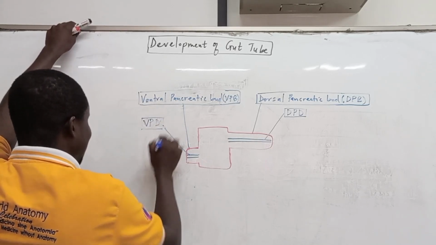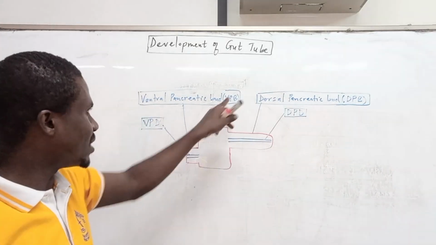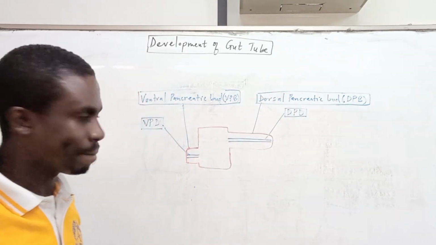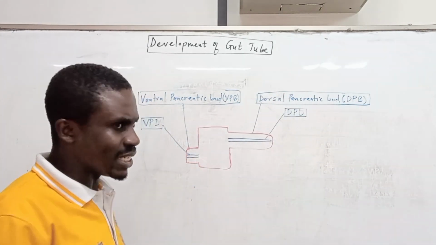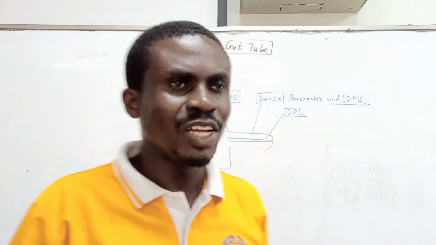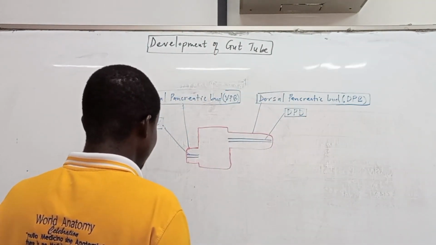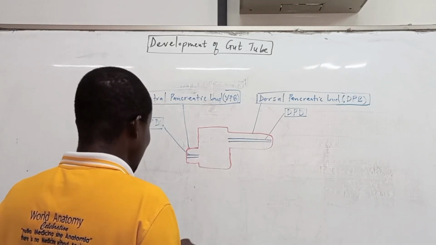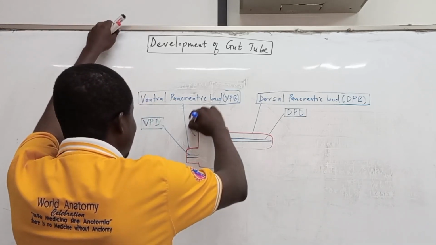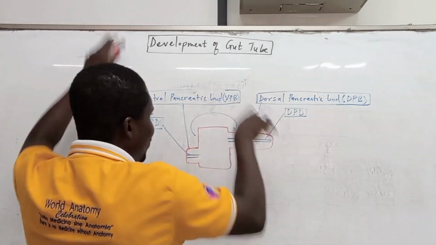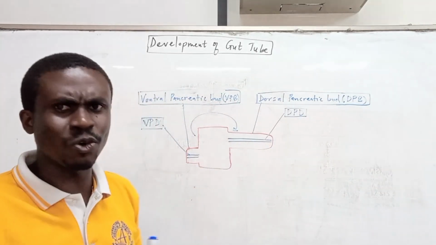I'm talking about the duct, D. The bud is B. Now, one thing is that usually rotation will take place. There's going to be a rotation taking place. Normally, that's what we're talking about.